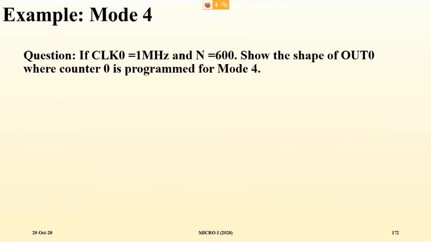Now the question is, because here the gate can control the count sequence. Again the clock is 1 megahertz and count is 600. Show the shape of out 0 where counter 0 is programmed at mode 4.